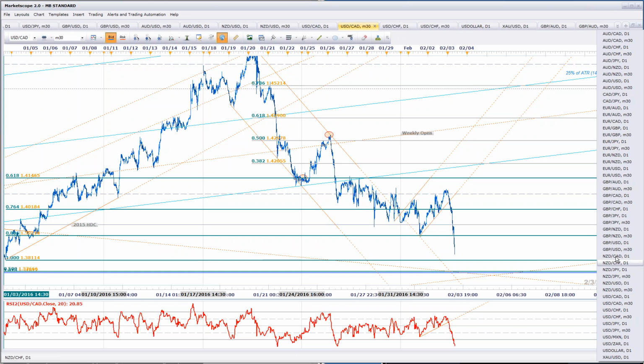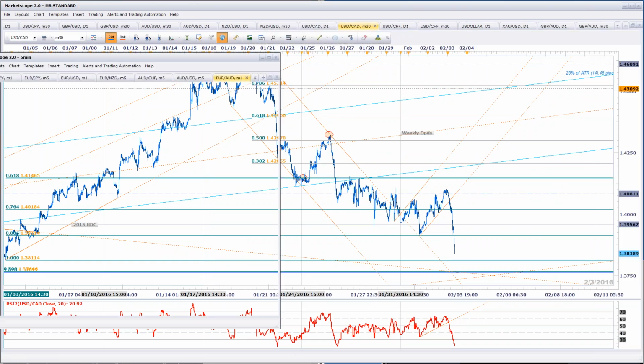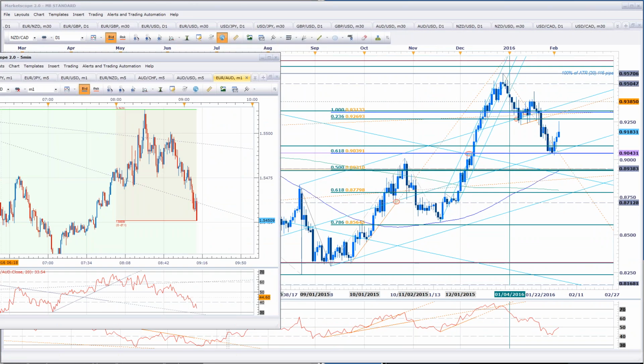I do have some notes here on Kiwi CAD that I wanted to share with you guys. And the note says the weekly opening range break shifts the focus higher towards 92.35 and 92.68.